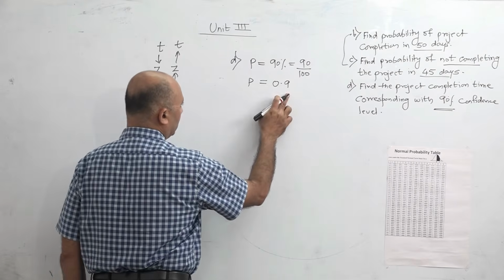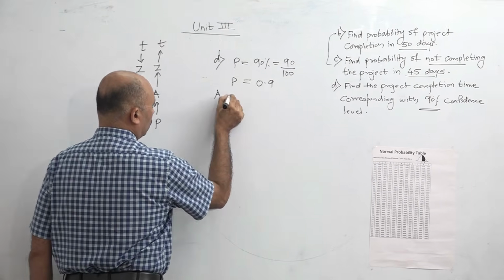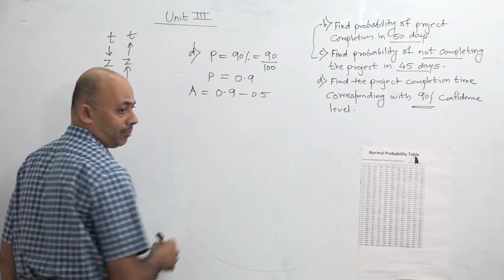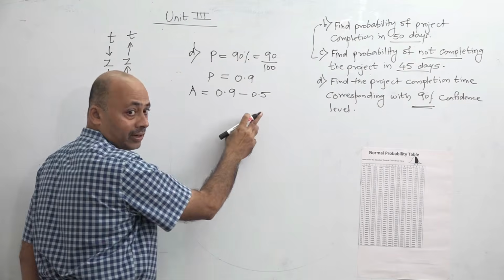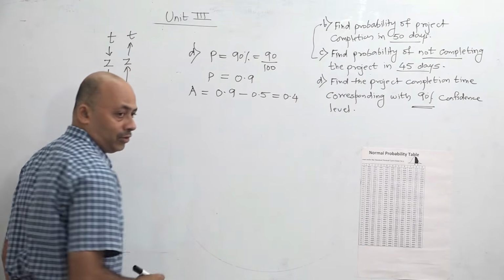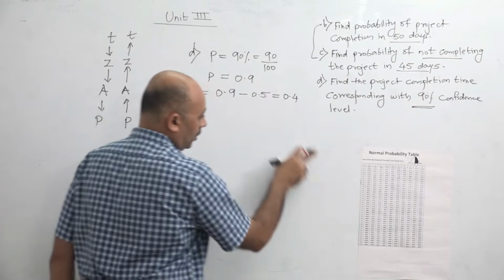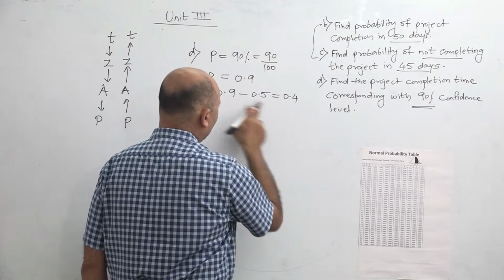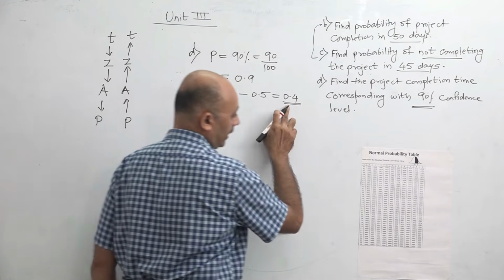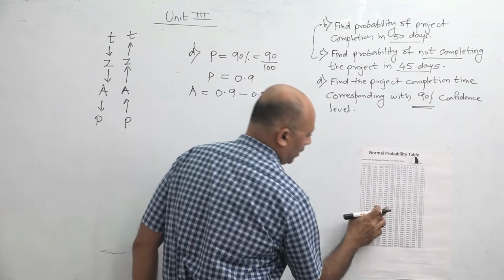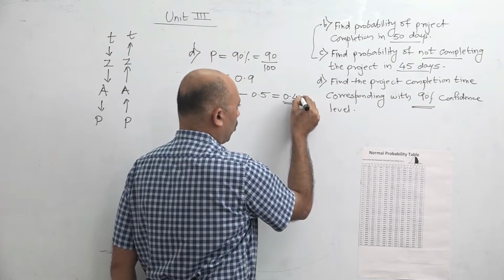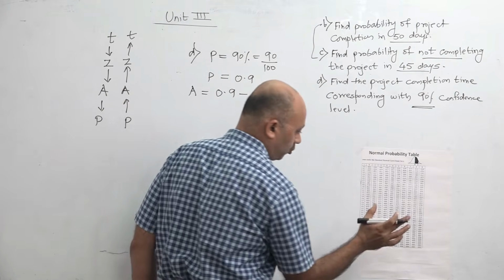Now P is 0.9, so first find the area. From 0.9 you subtract the original value of 0.5, the probability of the critical path, so what remains is 0.4. So the A value is 0.4. Now you should not look in the Z column; this is the area, so you should look in the table. When you search the table, you won't get exactly 0.4000, you will get an approximate value.